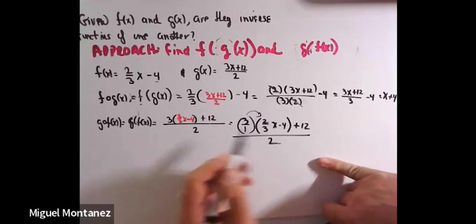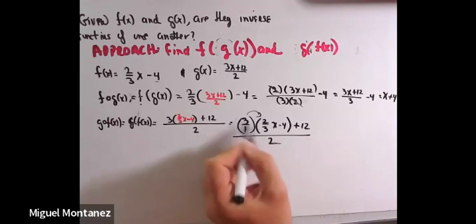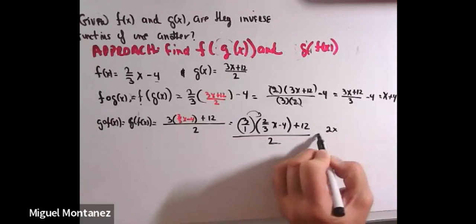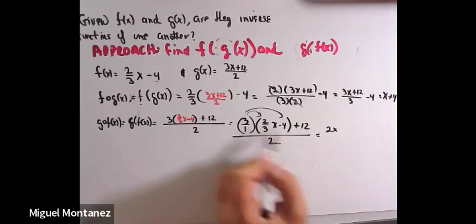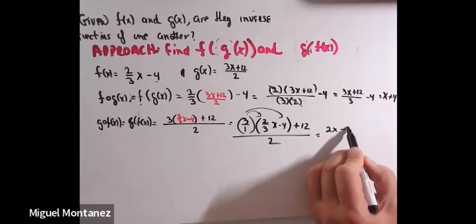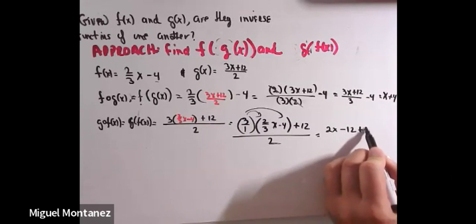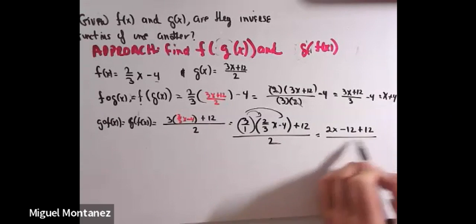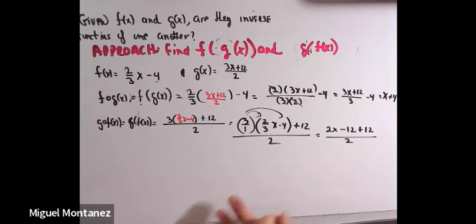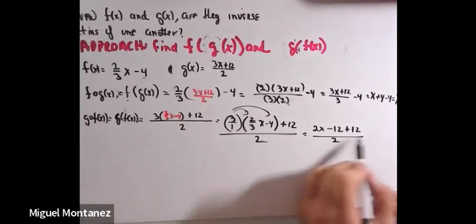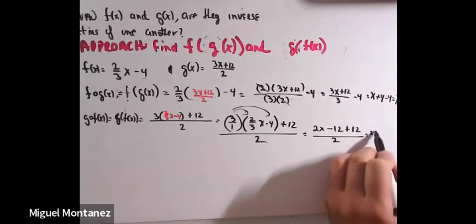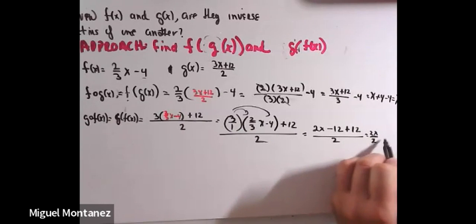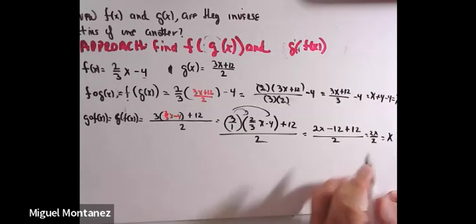So it'll be 6 divided by 3, which will be 2x. And I distribute this. 3 times negative 4 will be minus 12 plus 12 over 2. Last time we checked, negative 12 plus 12 is 0. So this will be 2x over 2, which equals x.